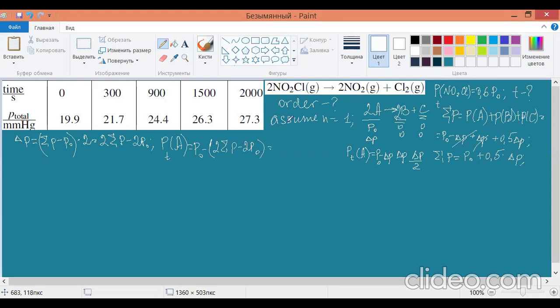If we open the round brackets, we will get 3 times P0 minus 2 times sigma P, that's P of A. And we should come back to the point where I assumed that the order of the reaction is equal to 1. For that reason, I assume that the kinetics of this reaction follows this equation.